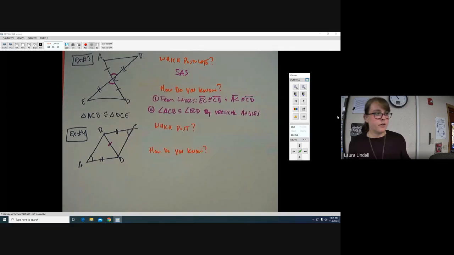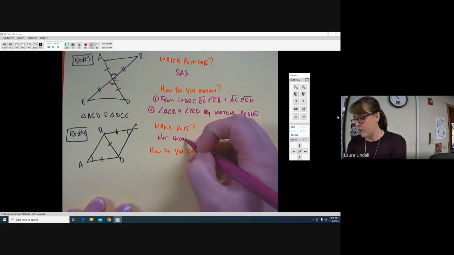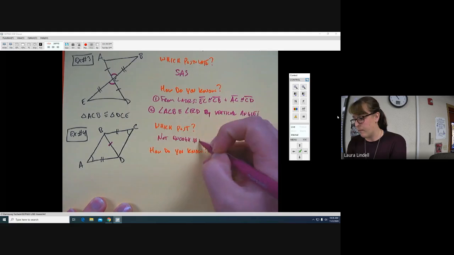So when you see a question like this, sometimes they will ask you which postulate, if any of them work, would you use? And then one of your options will be that there's not enough information. This is one of those cases where there is not enough info.